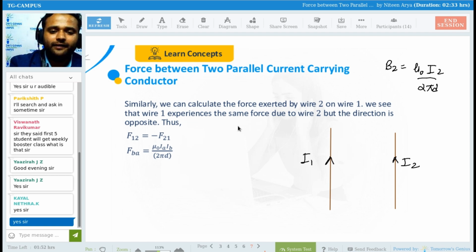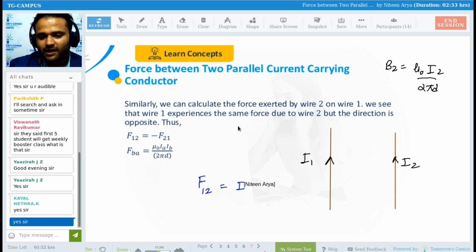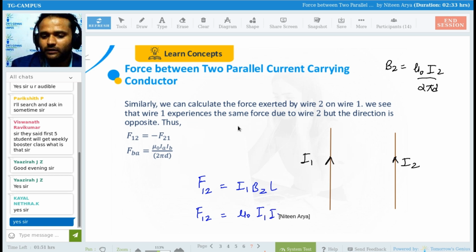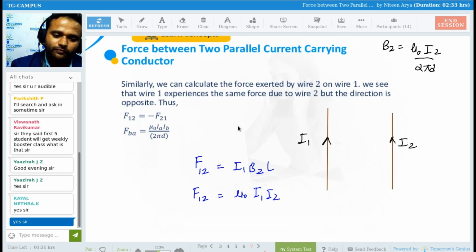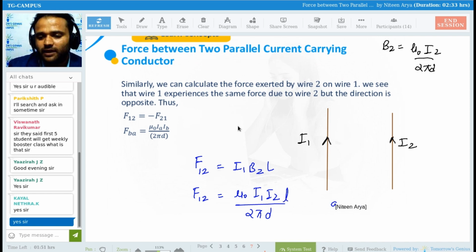Okay, and then F12 is nothing but I B L, which is I1 B2 L. So that is going to be F12 equals mu naught I1 I2 divided by 2 pi d, and there is something L also. Okay, length of wire L. So that is wire A, that is wire B, you can read that.